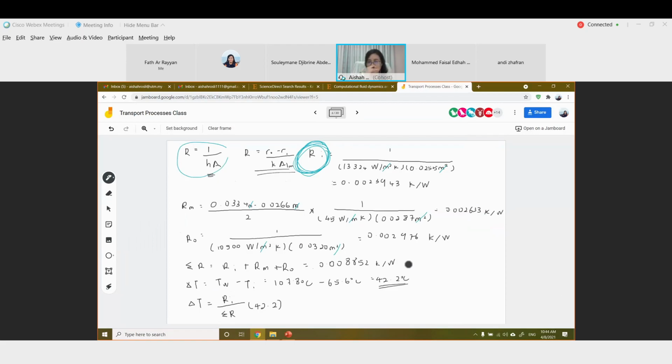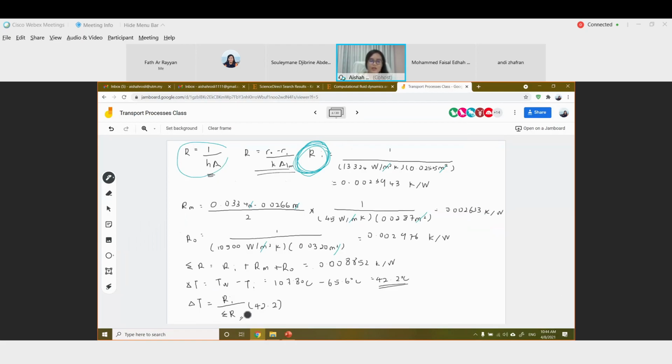The wall has a resistance, and the convection from the outside to the wall also has resistance. These are all resistances that would cause the heat to be lost, so not all heat is delivered to the water. That's why we need to calculate the sum of resistances.